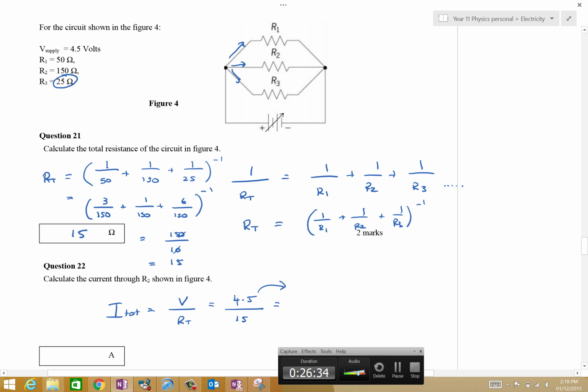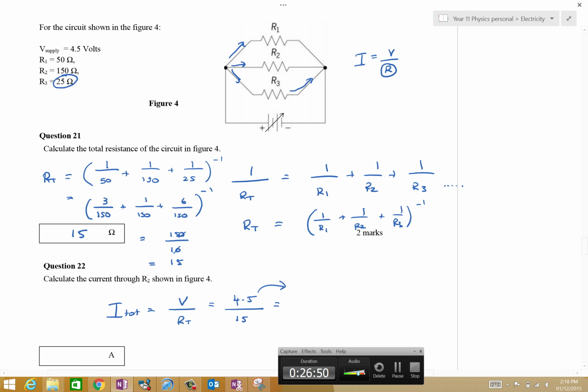Okay, let's try and do this without calculating. Because we know that current is equal to V divided by R, a smaller value of R means more current.